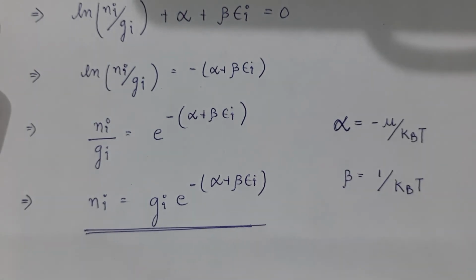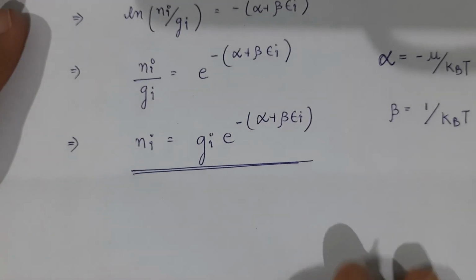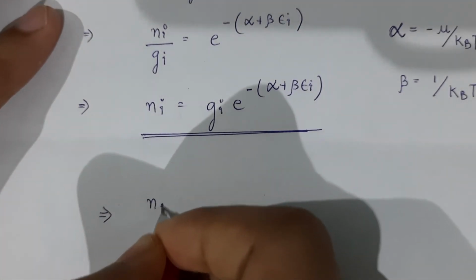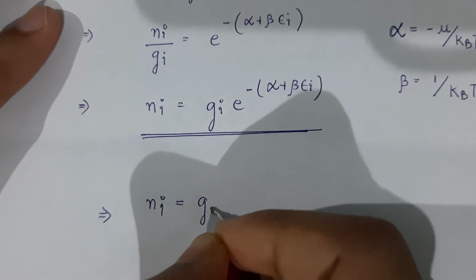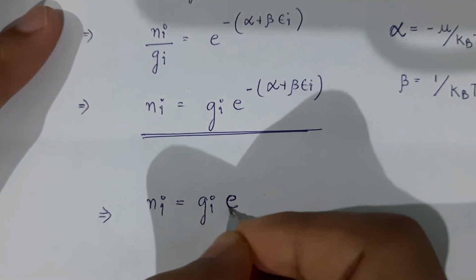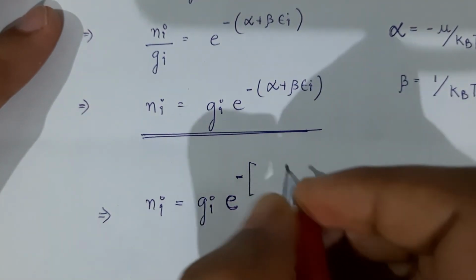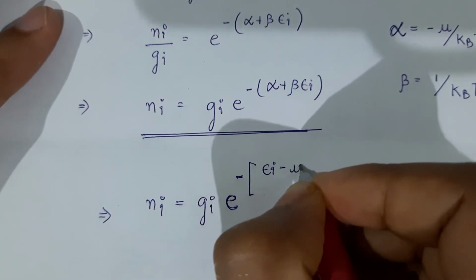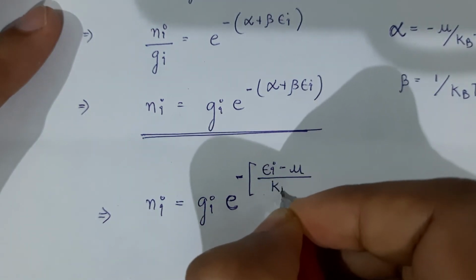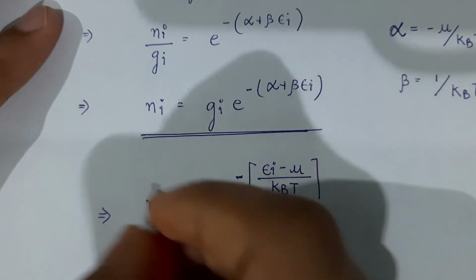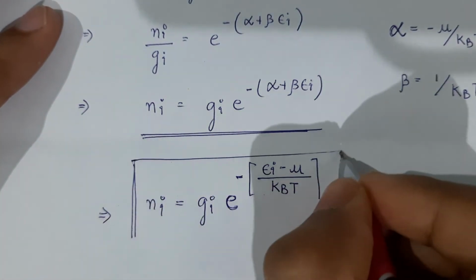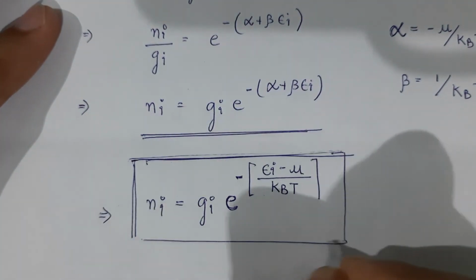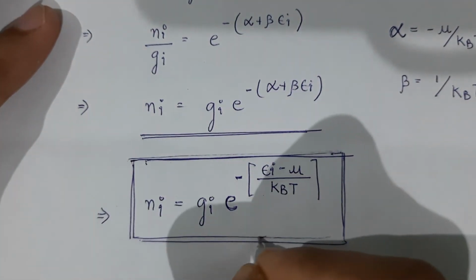So substituting these two values in our expression, what we will get is Ni is equal to Gi e to the power minus of Ei minus mu by kBT. So this is the desired expression that we wanted to derive in this video.